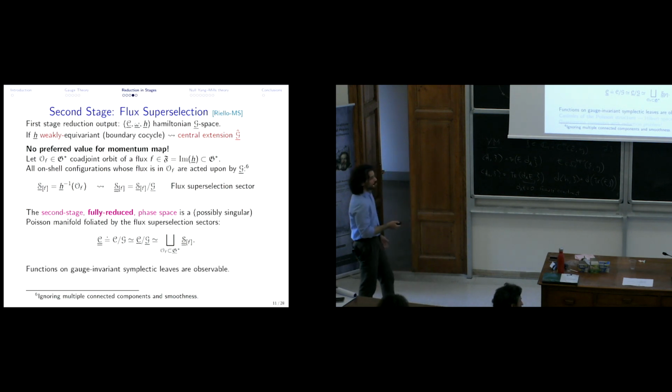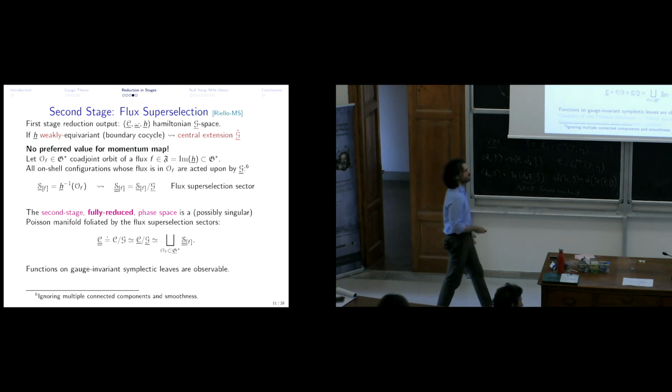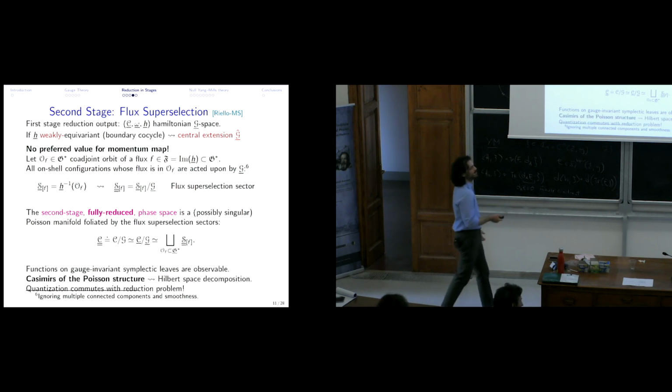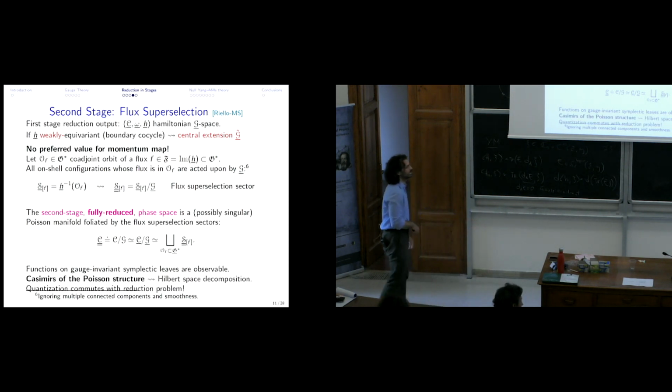So now the functions over these symplectic leaves are observables because we have quotiented everything. And we can look at the Casimirs of this Poisson structure, so the center of the Poisson algebra associated to this.